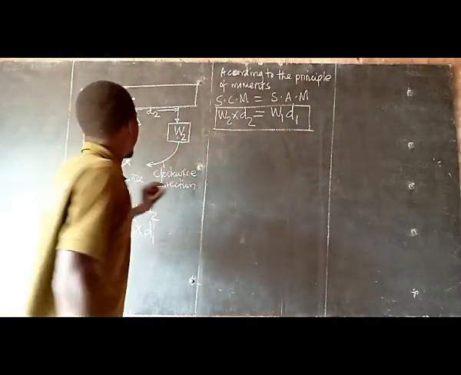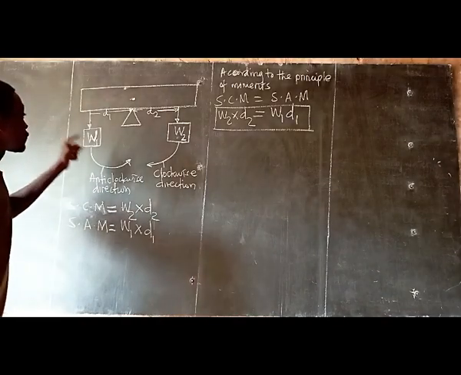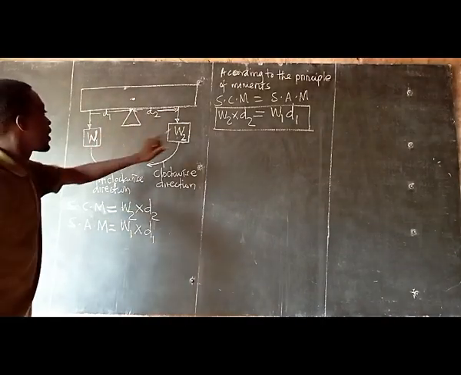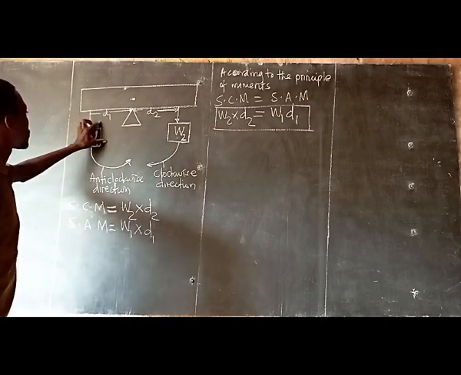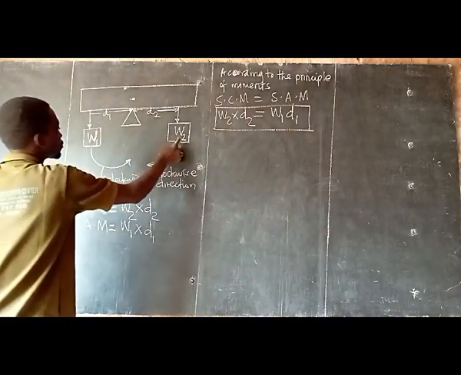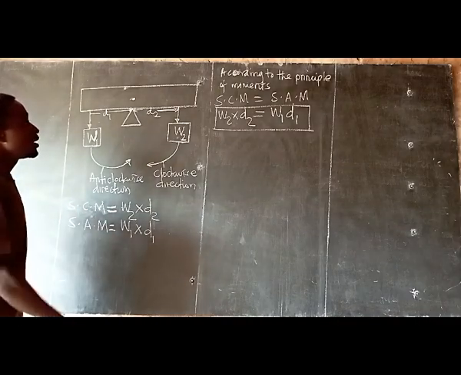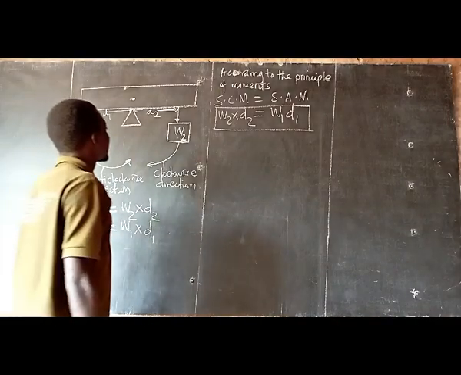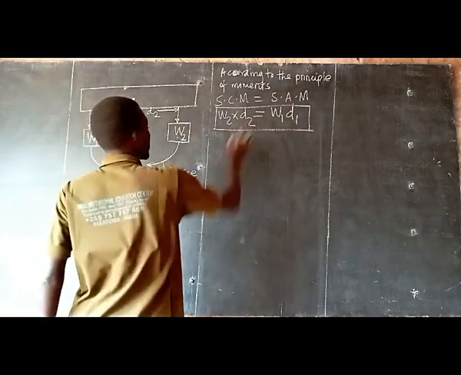This is to say, if any of the four parameters is missing, maybe you are not given D1 or D2 or W2 or W1, you will be in a position to calculate it using the principle of moments.